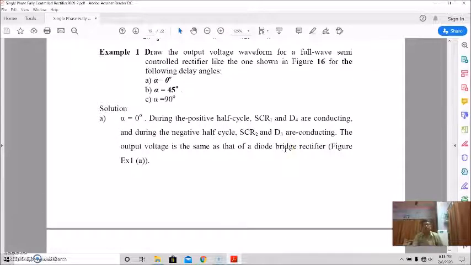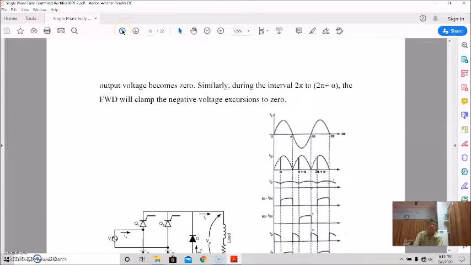First let us discuss the case of alpha equal to 0 degree. That means the firing angle is 0, so during the positive half cycle SCR1 and D4 are conducting, as shown here.